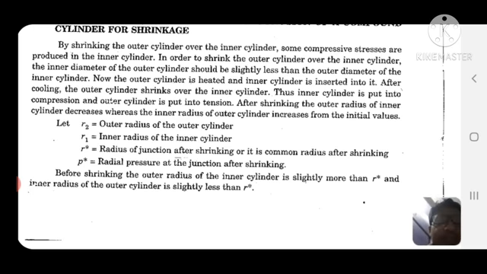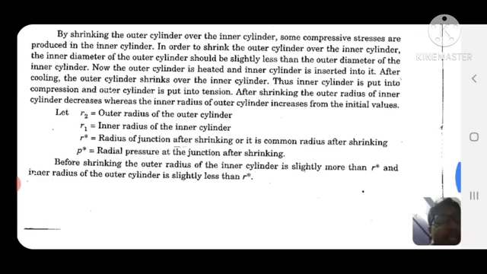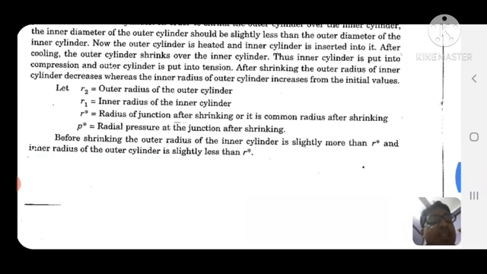Now, the outer cylinder is heated and inner cylinder is inserted into it. After cooling, the outer cylinder shrinks over the inner cylinder. Thus, inner cylinder is put into compression and outer cylinder is put into tension.